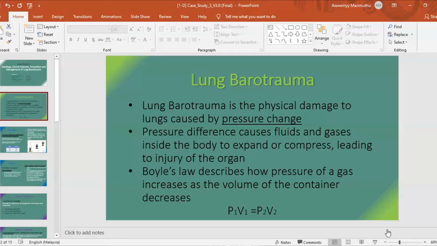Diving is basically for recreation, scuba. So what other divers actually dive? Maybe those in the oil and gas sector. They dive to maintain the equipment and the structure.